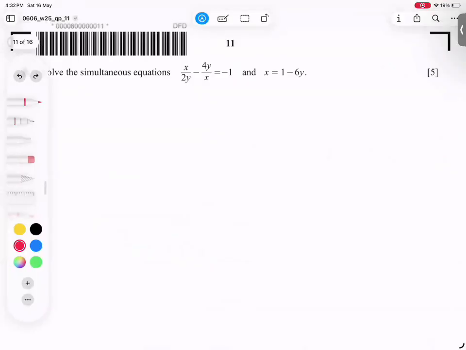Number 8. We have to solve them simultaneously. So I think we replace this x value here and up there. We have many ways. Okay, so I'm replacing: 1 minus 6y over 2y, negative 4y over 1 minus 6y is equal to minus 1.